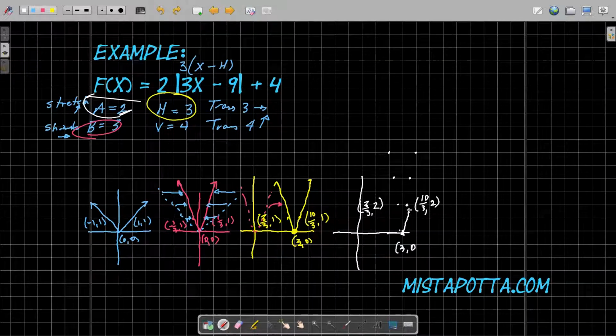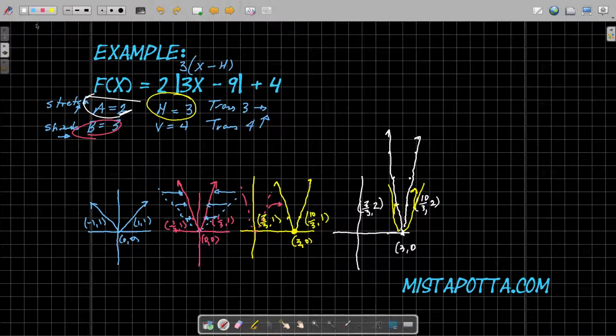So notice that this wide absolute value, if I could actually hit those points, should look very narrow compared to the yellow absolute value. In reality, it's the yellow absolute value that's just been stretched up vertically. So notice that these points have all been moved up.